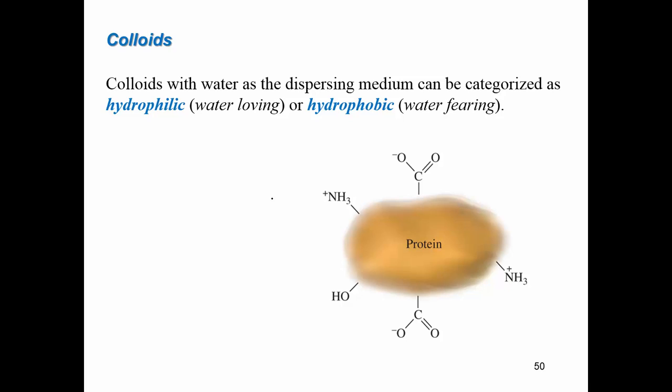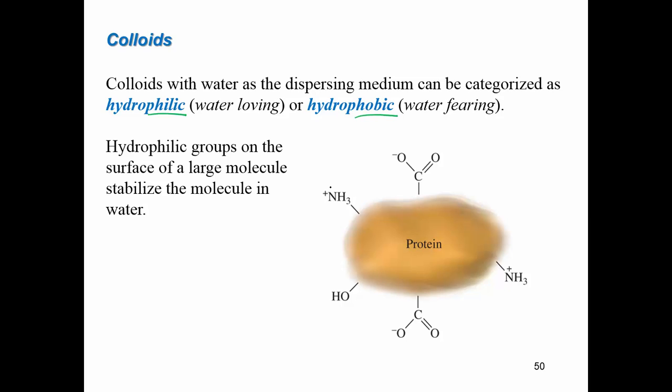Now, colloids that have water as the dispersing medium can be categorized as what's called hydrophilic or hydrophobic. Philic is loving, phobic is fearing, hydro is water. Hydrophilic groups will stabilize the molecule in water. These are going to be your polar groups.